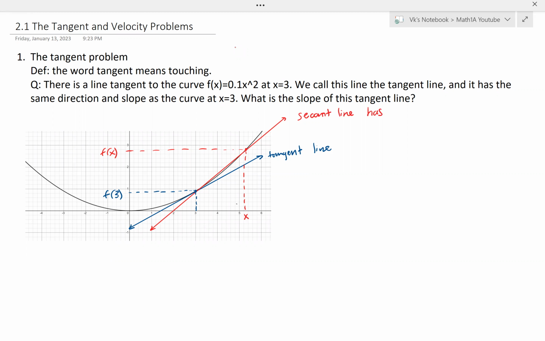The second line has slope change in y over change in x. Change in y is f(x) minus f(3). Change in x is x minus 3.